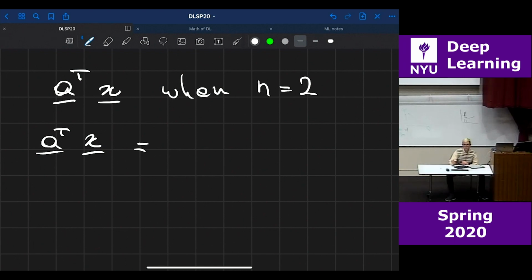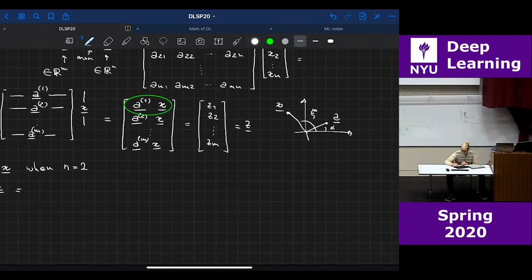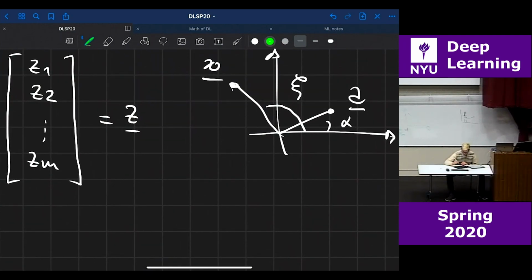Let's assume there are only 2 dimensions. So what is going to be the output of this scalar product? Like the normal scalar product. So you have A here, then this part here is going to be A1 and this is going to be A2. Then you have X1 and X2.